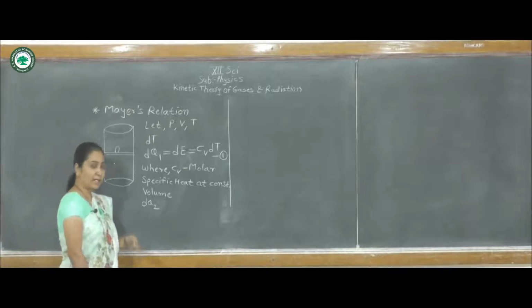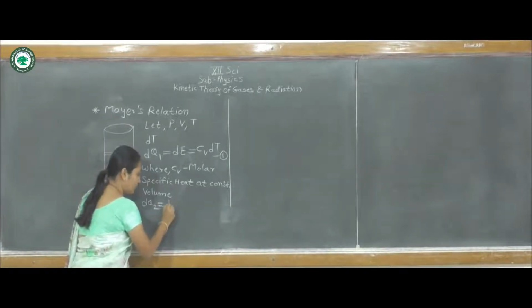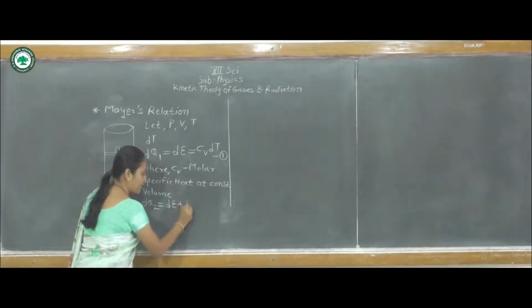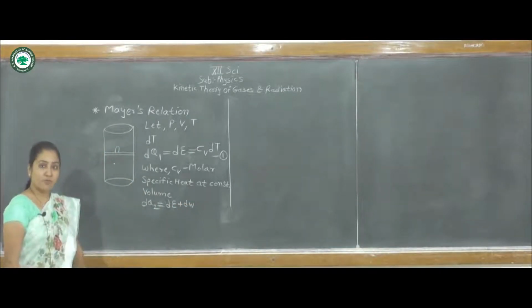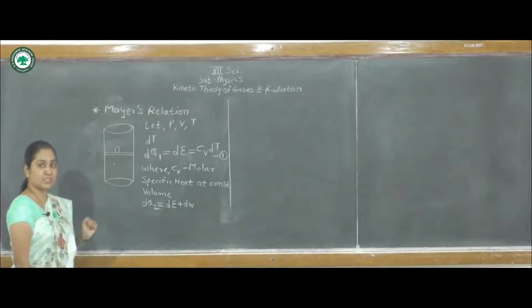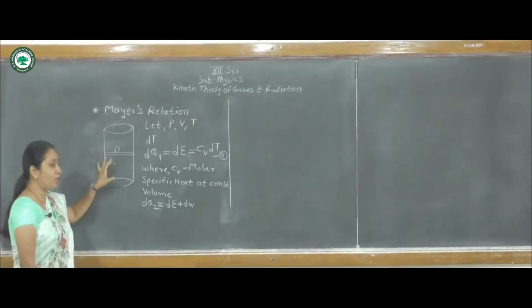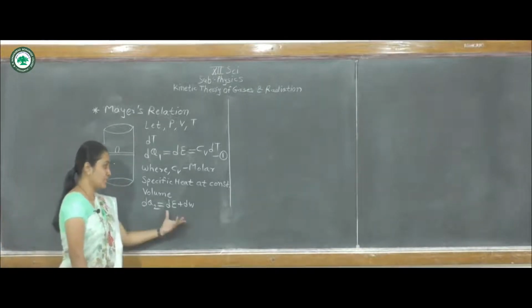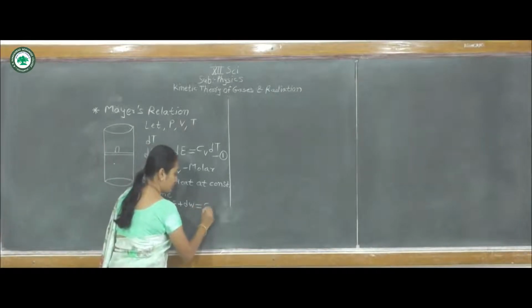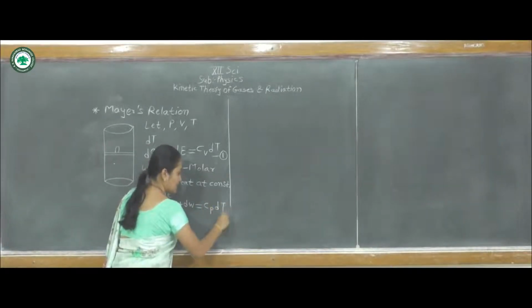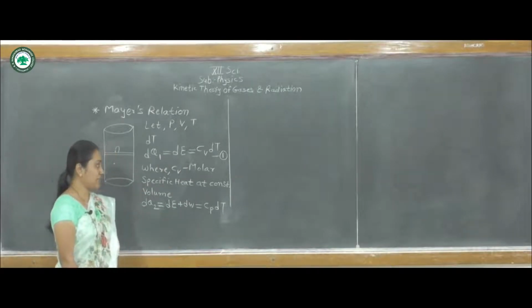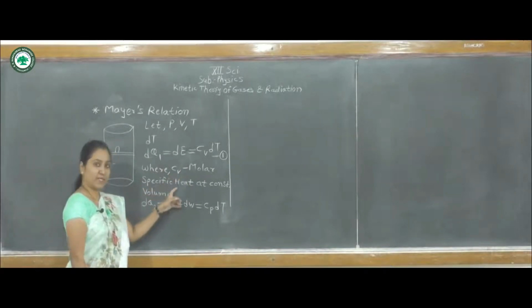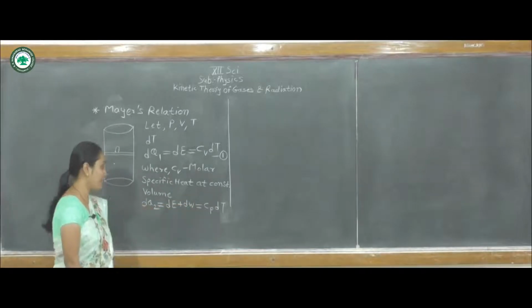So we can write dQ2 equal to dE plus dW. This dW is the work done by the piston to change the volume of the gas. It is given by Cp dT, where Cp is the molar specific heat at constant pressure.